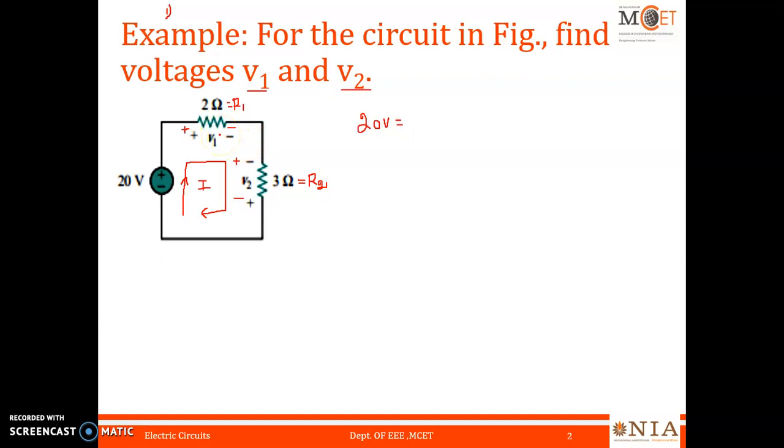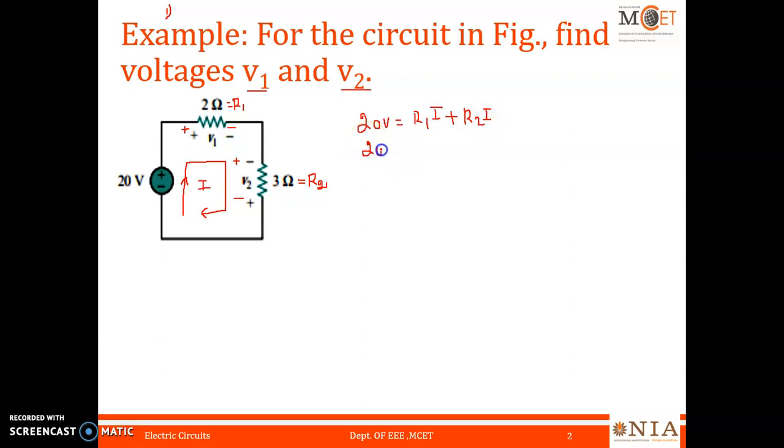The voltage drops occur when the conduction path moves from the positive potential to the negative potential, or from the highest potential to the lowest potential. So the voltage drops are R1 into I plus R2 into I. Now I have to apply the values for R1 and R2.